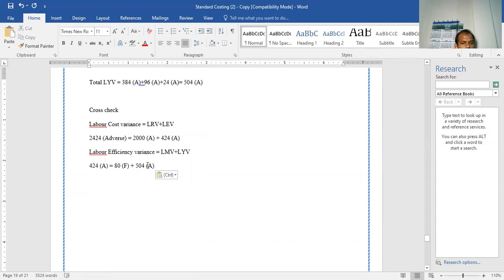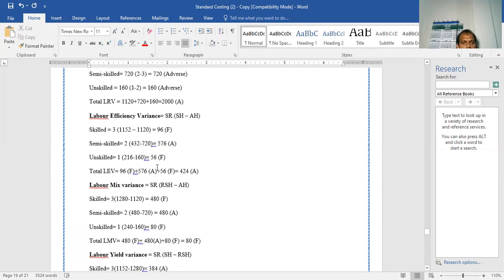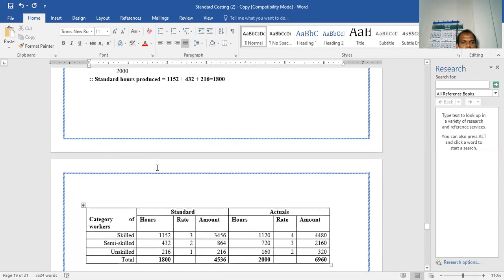So 504 adverse means the difference is finally 424 adverse. So whatever we did so far is correct.